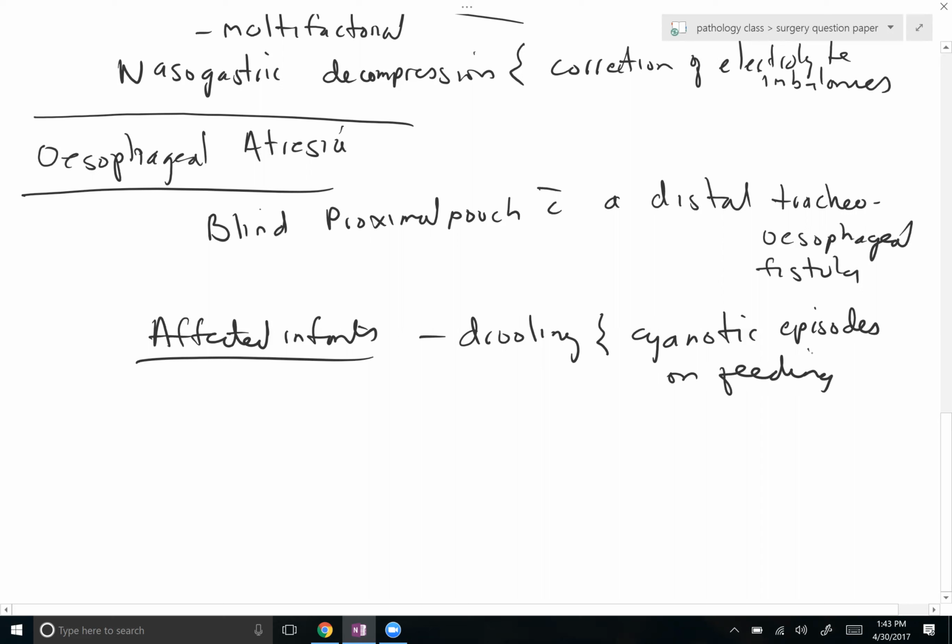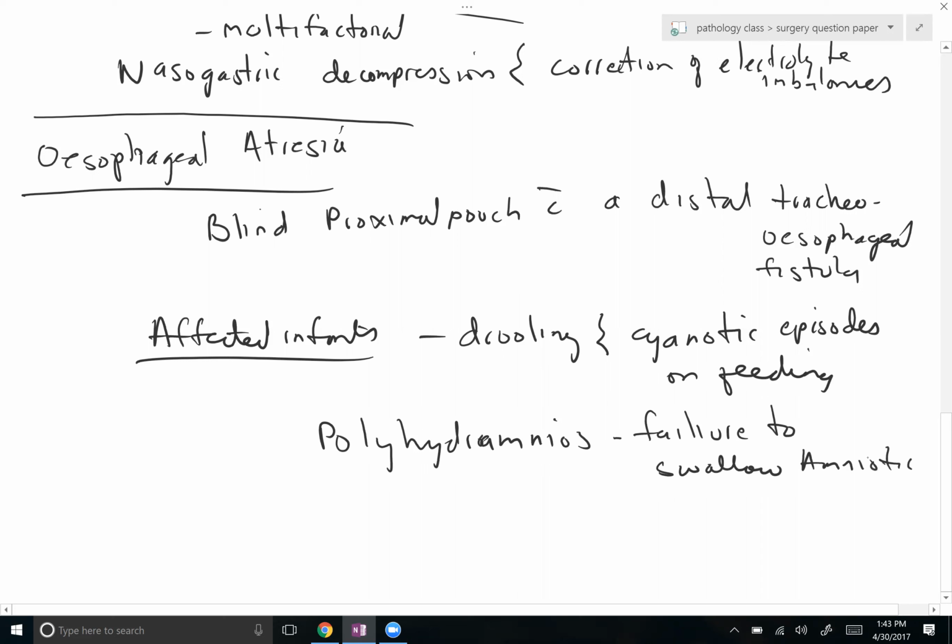And there can be polyhydramnios. This occurs due to failure to swallow amniotic fluid.